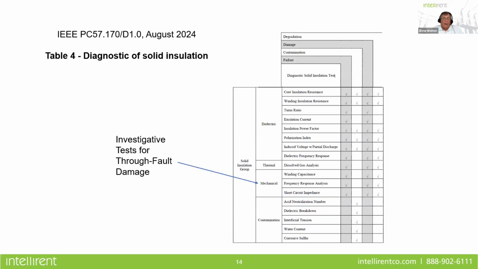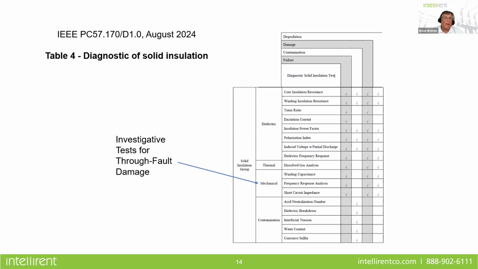Now, in terms of diagnostics, investigative tests for through faults, we're going to talk about a couple of these things. Your frequency response analysis, or SFRA, is probably the more common one that we're familiar with to determine mechanical damage in the transformer. The other is short circuit impedance, also known as the leakage reactance test.